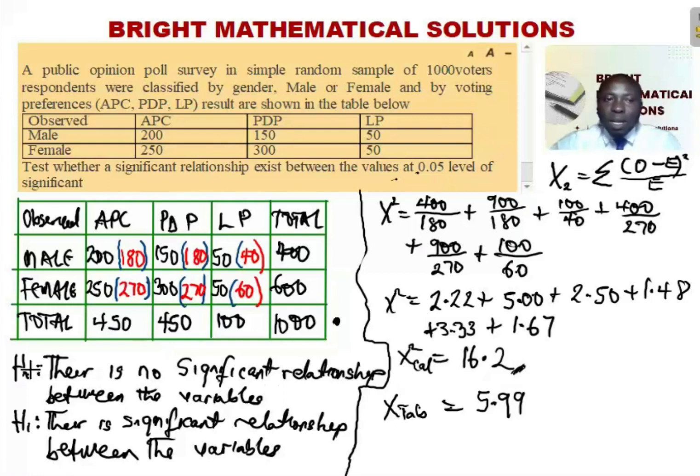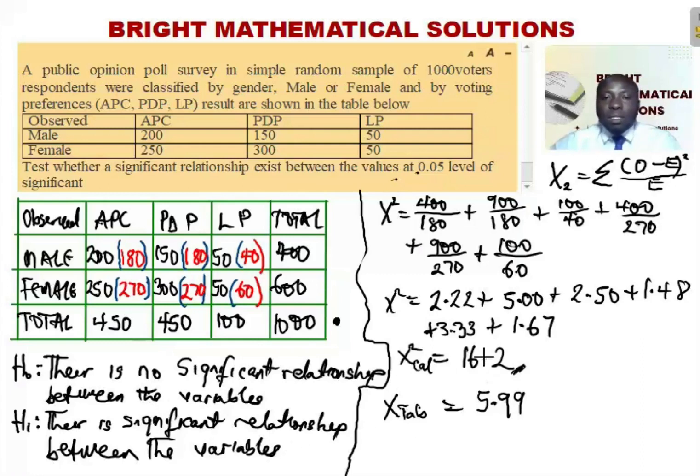And what is our null hypothesis? Our H0, that is, there is no significant relationship between the variables. But if the tabulated is greater than the calculated, we reject the null hypothesis and we accept the alternate hypothesis.